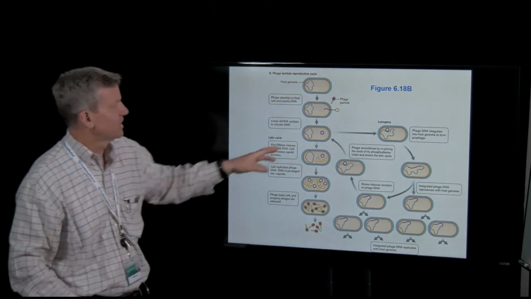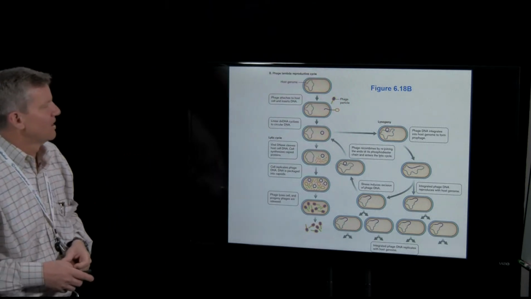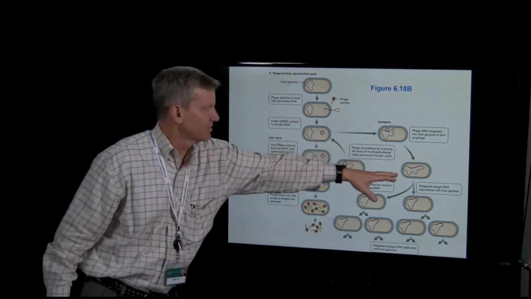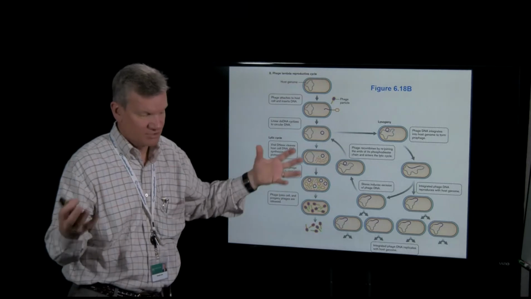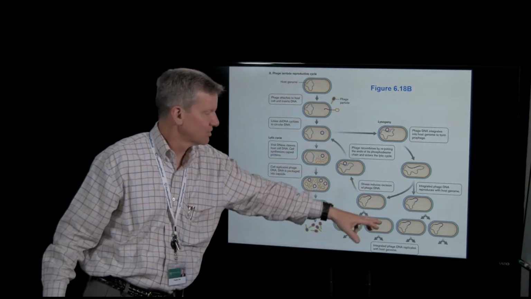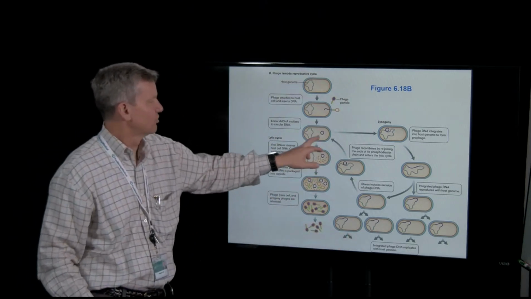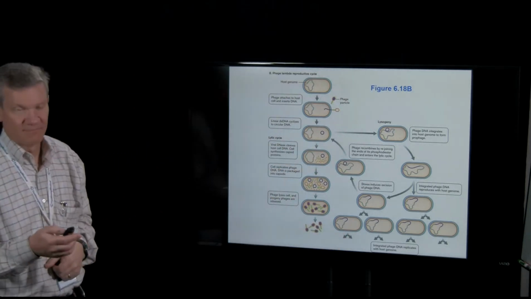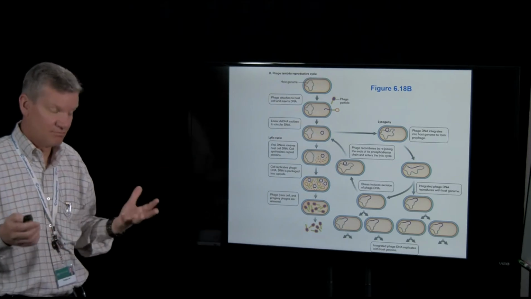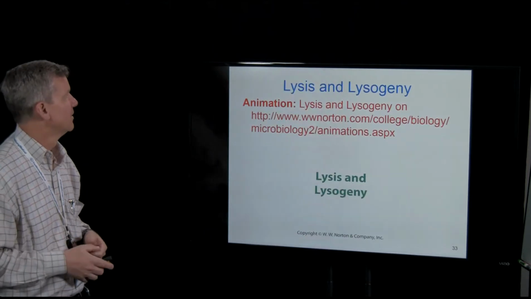But if it's lysogenic, it actually integrates into the bacteria. The bacteria may divide very slowly, conditions may not be so good, or the bacteria just may be kind of stuck. And then when conditions get good again, it can pop itself out and undergo the lytic cycle again, releasing more phage into the environment, able to infect new bacteria.